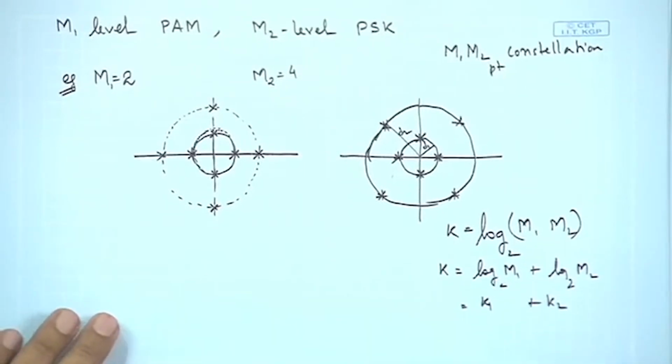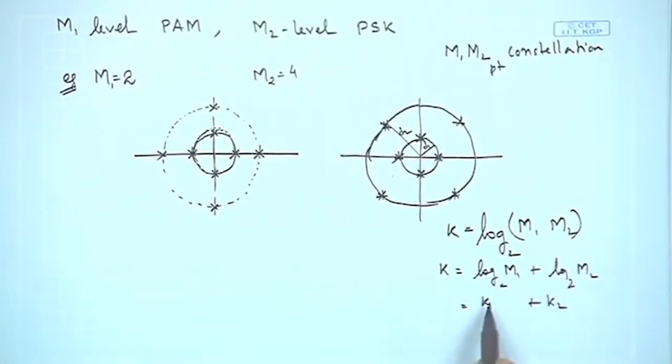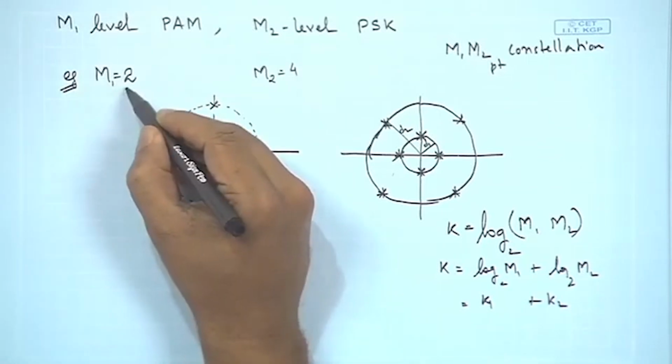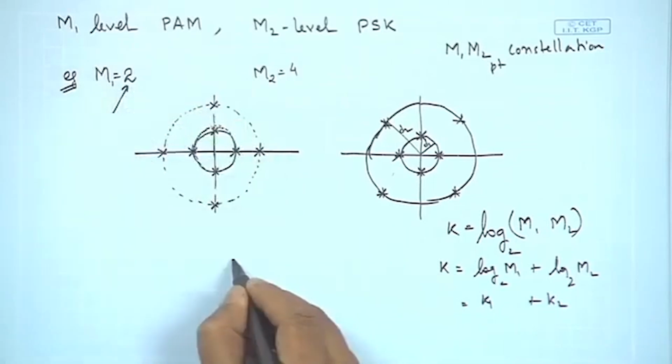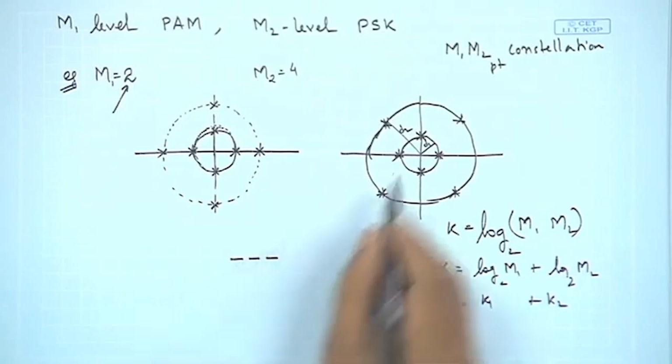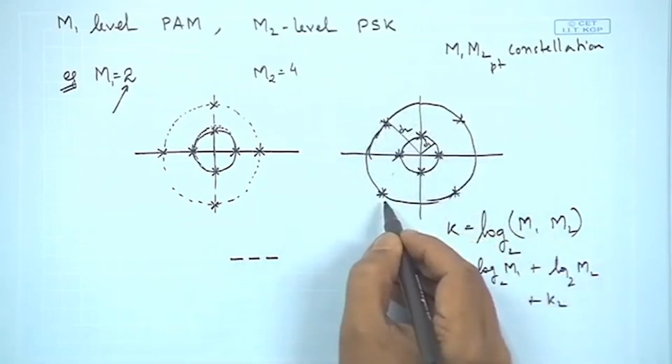So, what we are trying to do over here is that you could probably imagine that k1 bits. So, here if it is 8, there would be 3 bits involved in this. So, out of 3 bits, 1 bit could be used in selecting the amplitude. So, I have 3 bits because there are 8 possible values. So, 8 possible values would be chosen by 3 bits.